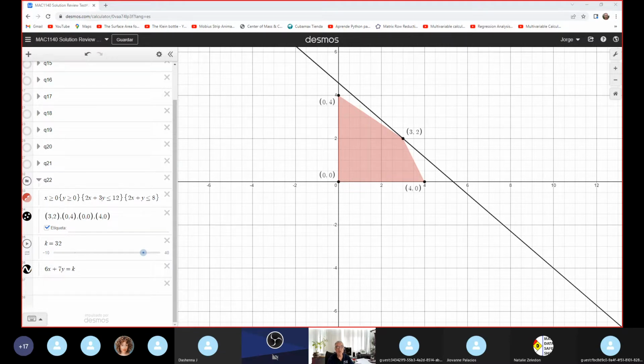The red part represents the solution. So we have 4 corners, and you evaluate z at each one. Suppose 0, 0. Oh, sorry, do you see the whiteboard or no? No. Okay, I'm crazy.